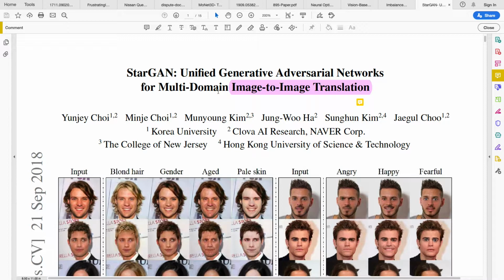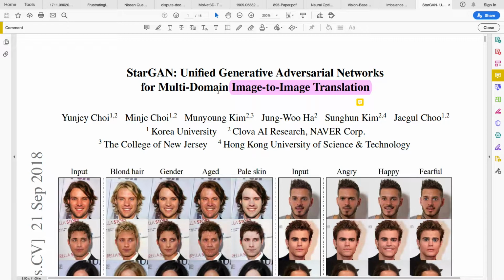So essentially what we're trying to do is, at test time, you want to be able to feed in a particular image and ask the network to produce that same image in another domain. For instance, you may want to feed in a male face and ask the network to produce the same face as female.